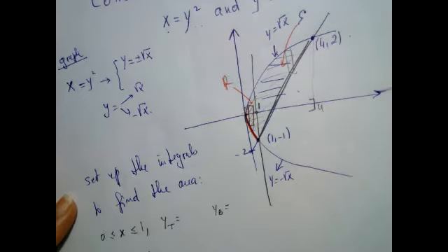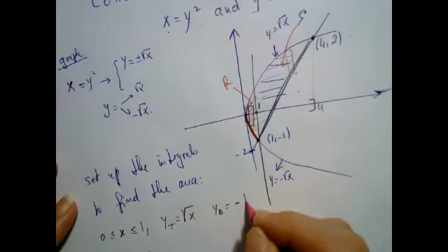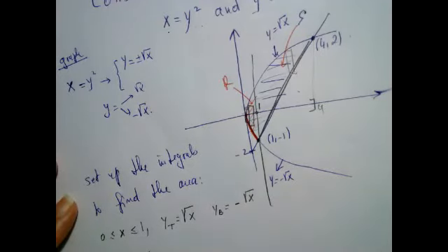Emilia? Would the top be square root of x, and the bottom negative square root of x? The top is the square root, the bottom is the minus square root. Absolutely.